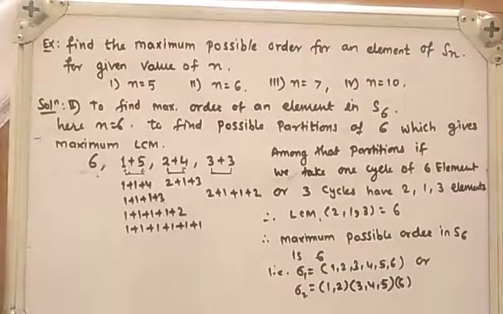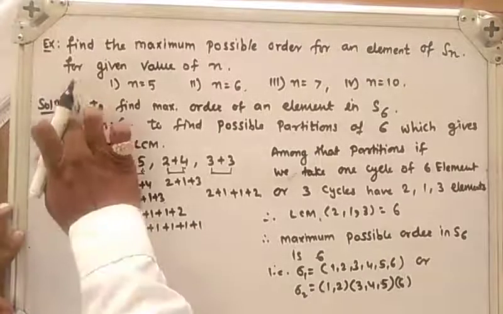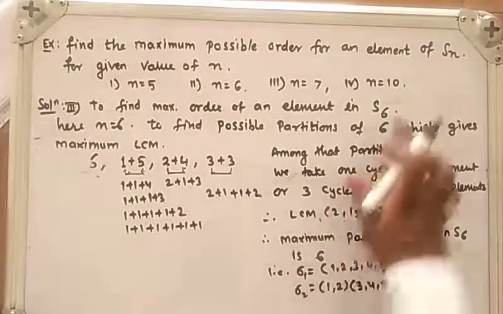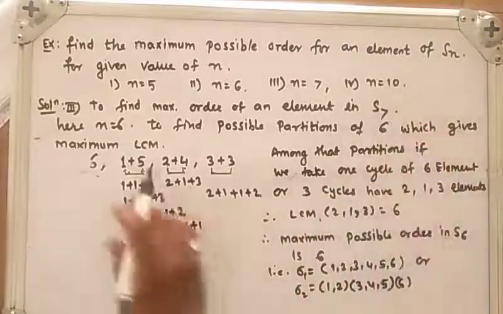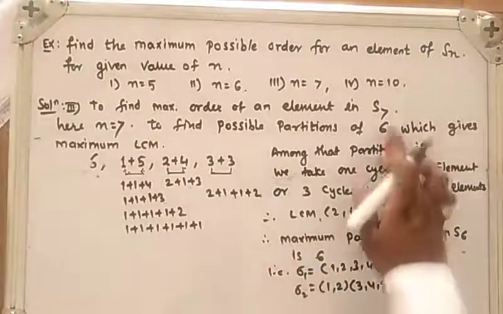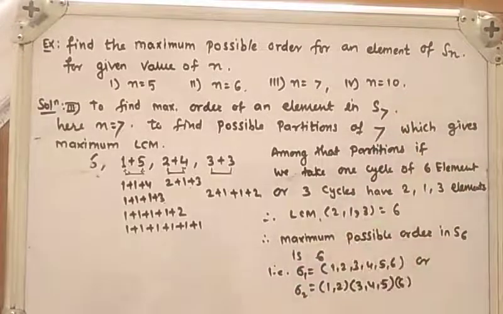Now third, for n is equal to 7. To find the maximum order of an element in S7, we need to find the partition of 7 which gives maximum LCM. So let us write.